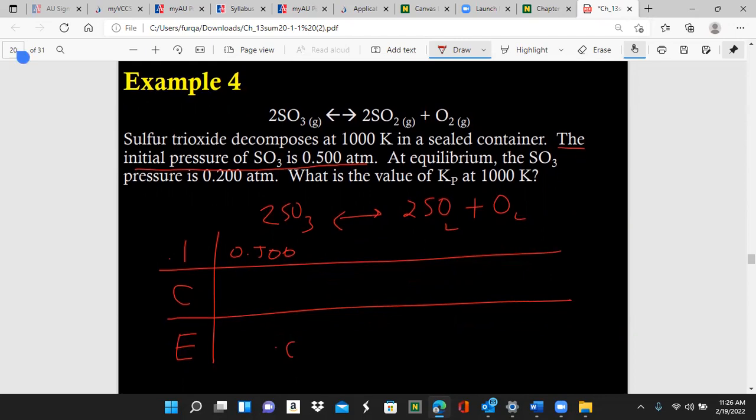At equilibrium, the SO3 pressure is 0.200 atm. So what is the difference? The change is going to be the difference, right? So that's going to be minus 0.3.